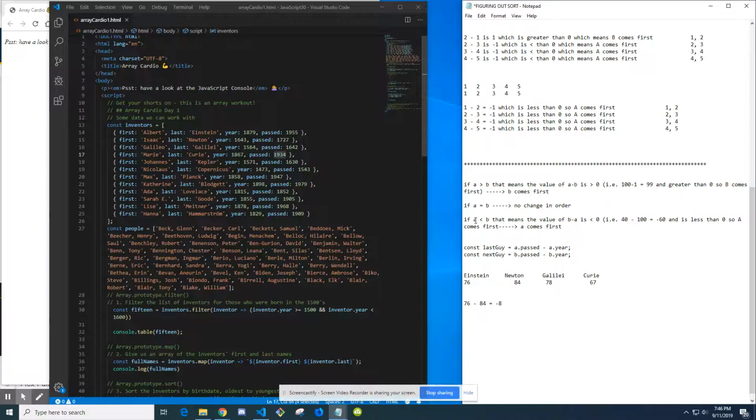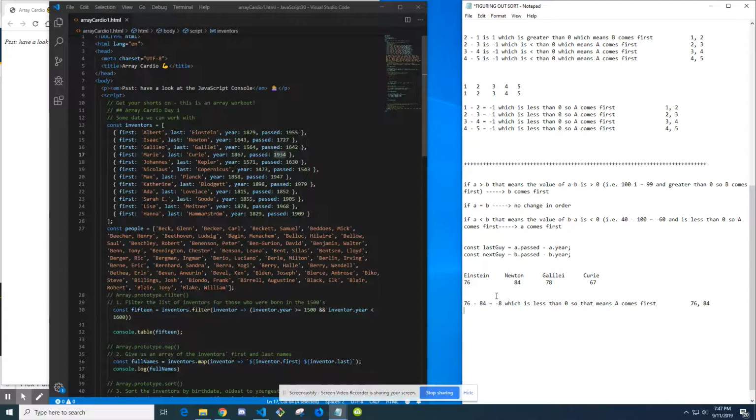If A is less than B, which it is in this case, then that means A comes first. It is -8, which is less than 0. So that means A comes first. So on that, we have 76, 84.